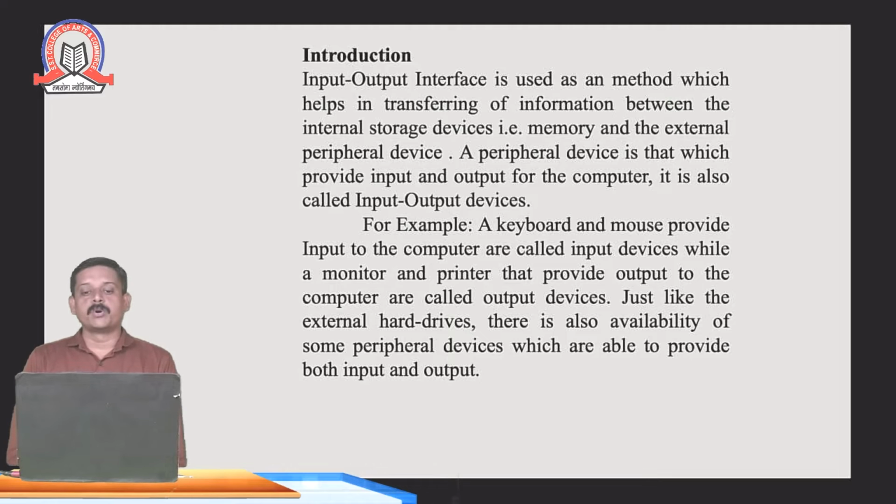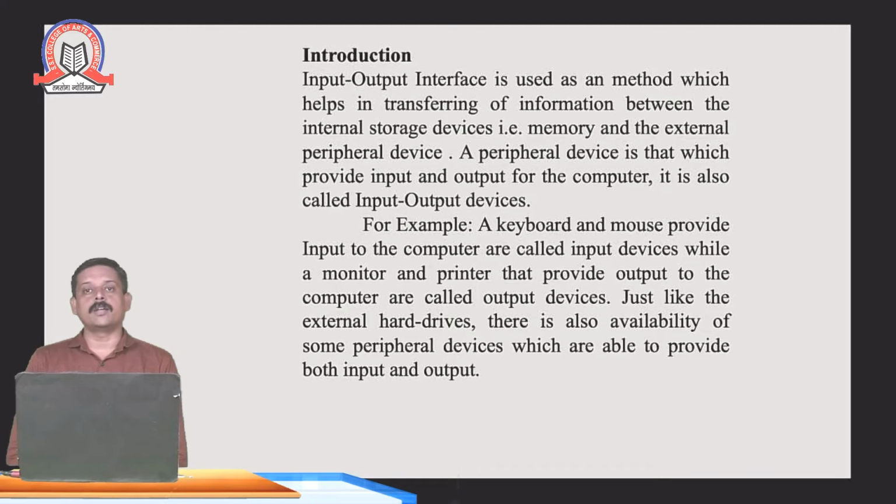Input-output interface is used as a method which helps in transferring information between the internal storage devices, that is memory, and the external peripheral devices. A peripheral device is one that provides input and output for the computer.